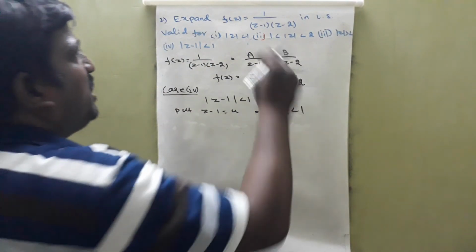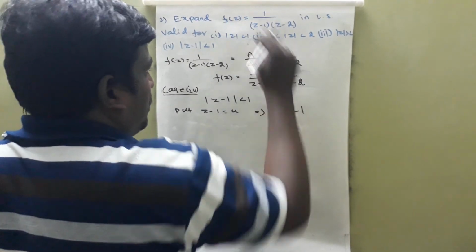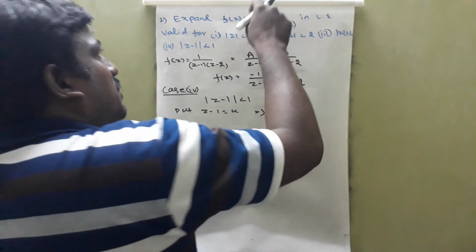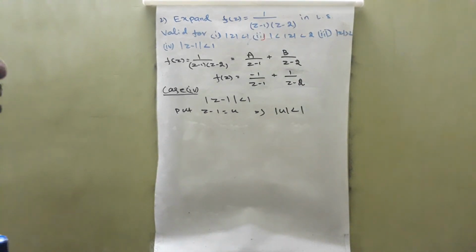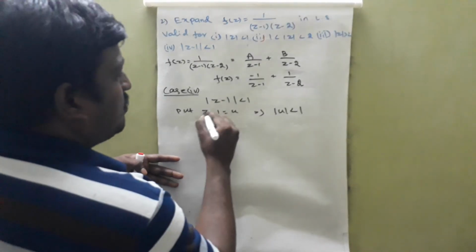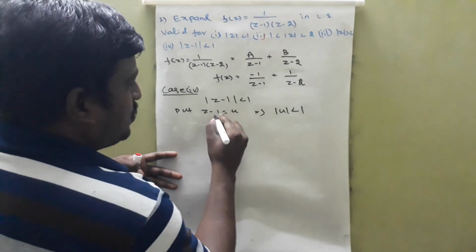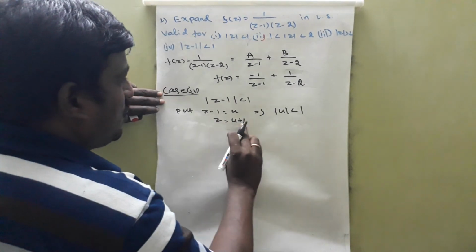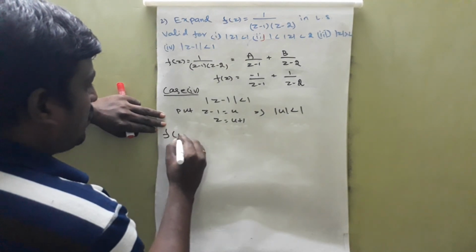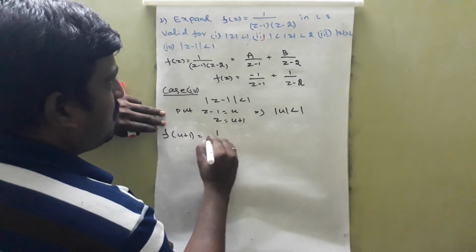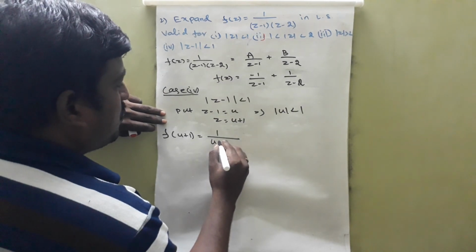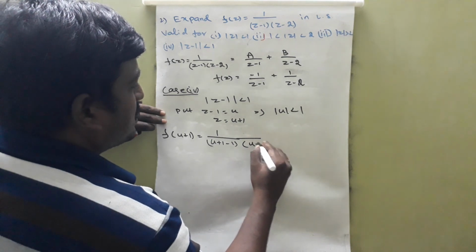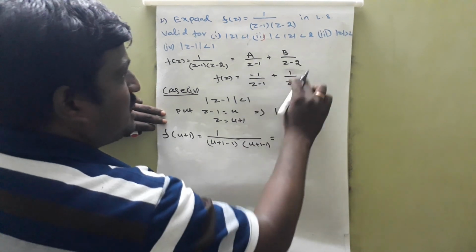Okay, but my f of z is a given function in terms of z, my condition is in terms of u. How is it possible? Okay, for that I have to convert my function in terms of u. How do you convert z into u? Very simple. My substitution is z minus 1 equal to u, so my z is u plus 1. So directly substitute z equal to u plus 1 here. What do you get? F of u plus 1 is equal to 1 by u plus 1 minus 1 into u plus 1 minus 2, which is nothing but this partial fraction.